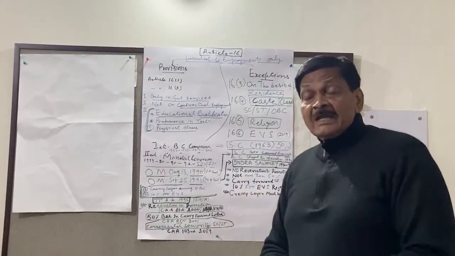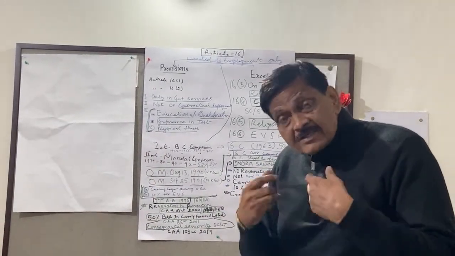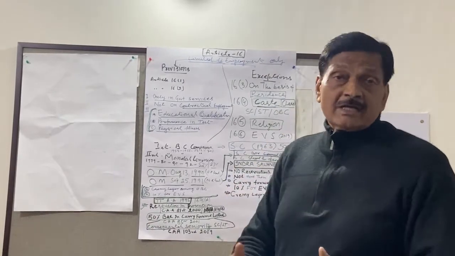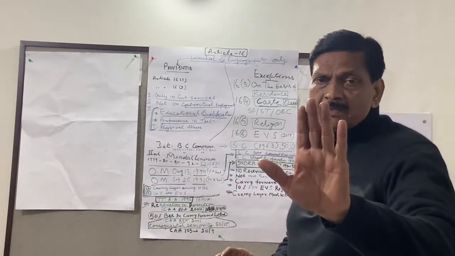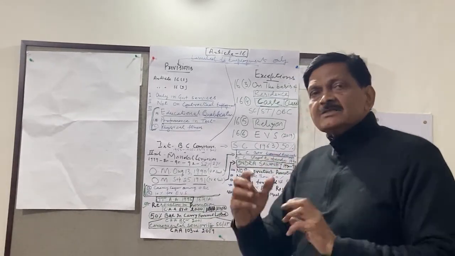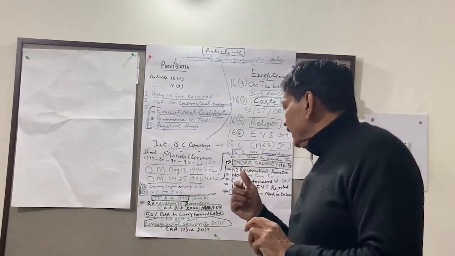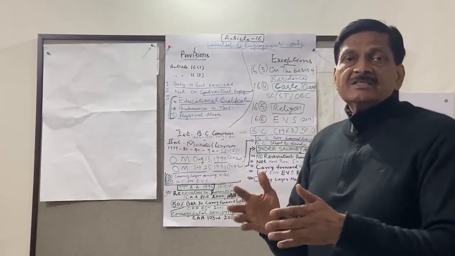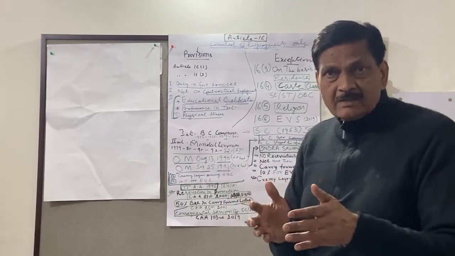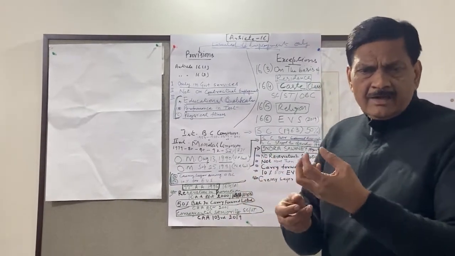Third is, even in carry forward cases, reservation cannot exceed 50%. Let me briefly mention what is this carry forward. Suppose in 1 year the total seats of the SCs and OBCs were not filled. Some seats remained vacant.